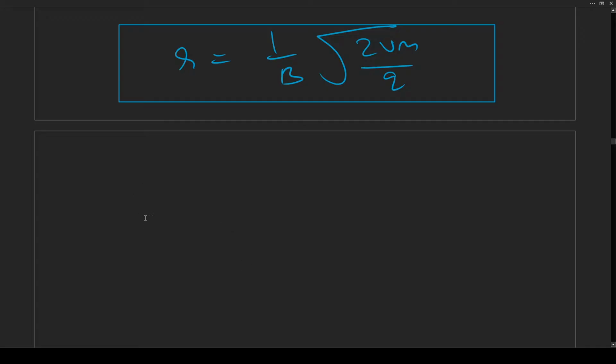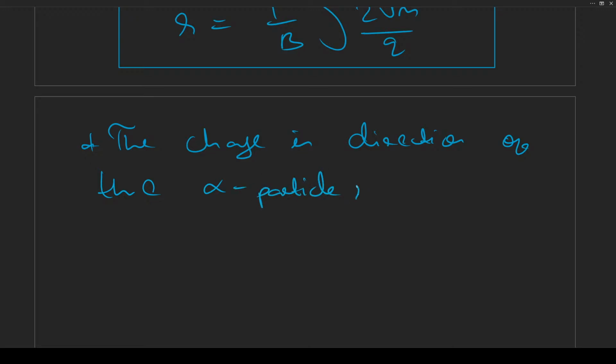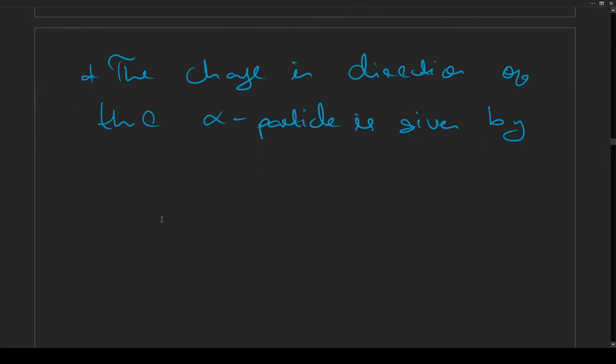The change in direction of the alpha particle is given by sine theta, which is equals to p by h.